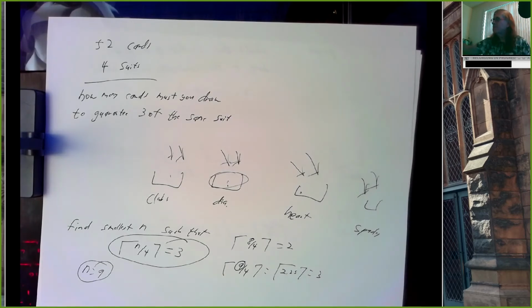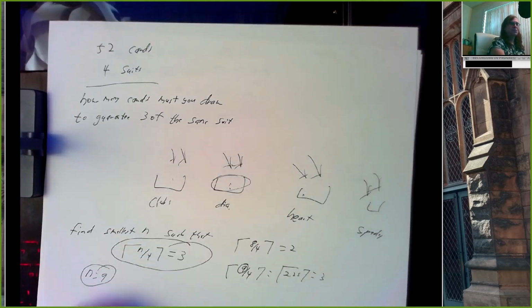Because if they weren't randomized at all, and I stacked clubs, diamonds, spades, or something like that, I guess it's not inclusive of any one suit. Right, so if you needed to guarantee that you got 3 hearts, yeah, you'd have to do 39 plus another 3. But we're just looking for 3 of the same suit. It's not specified which suit that is. So if you stack the deck and you had all clubs in the beginning, you draw your first 3 cards, you're done, you got 3 clubs.